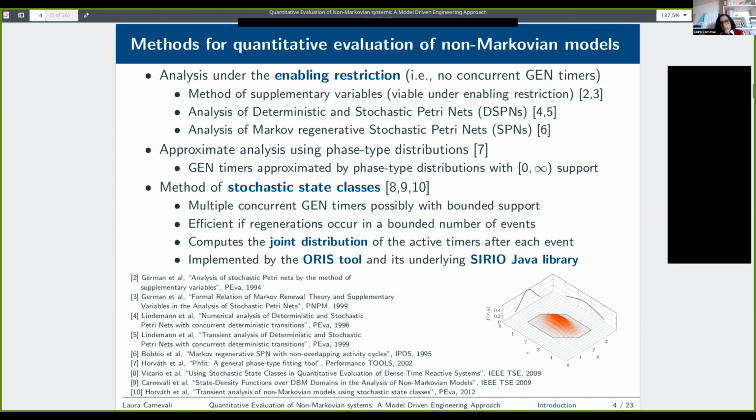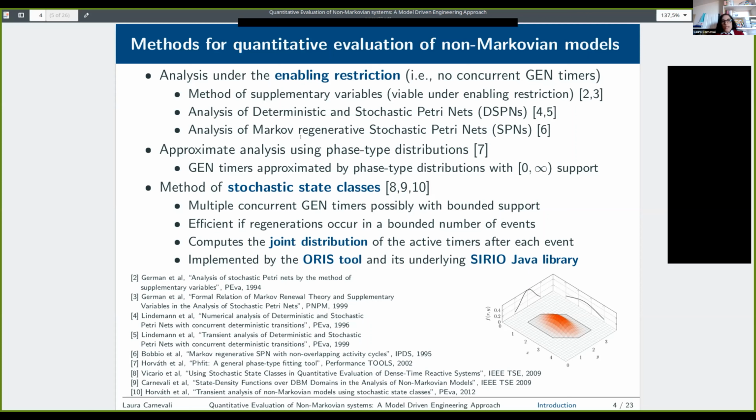An approach that can always be followed is to approximate the model. So when we have a non-Markovian model, a model with non-Markovian temporal parameters, we can replace the non-Markovian distributions in the model with phase-type distributions. A phase-type distribution is the distribution of the time to absorption in a continuous time Markov chain.